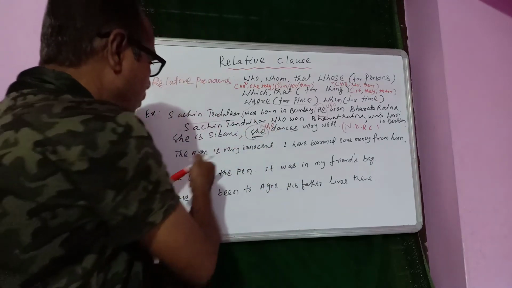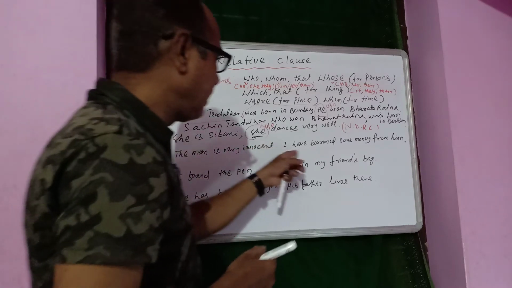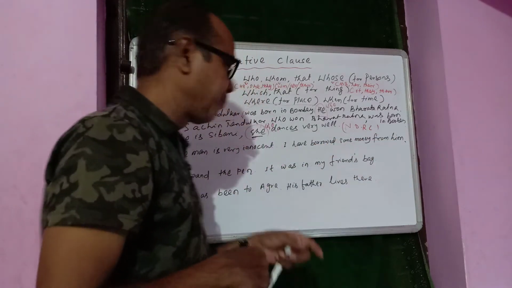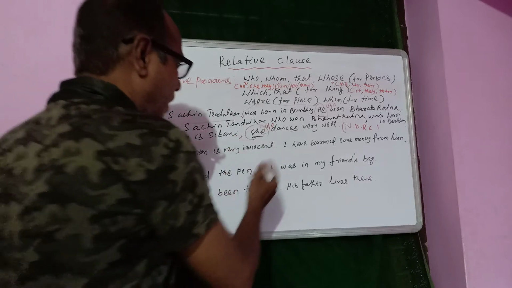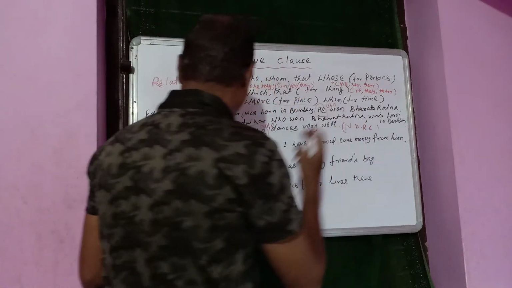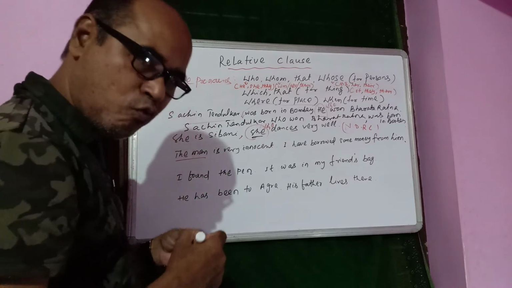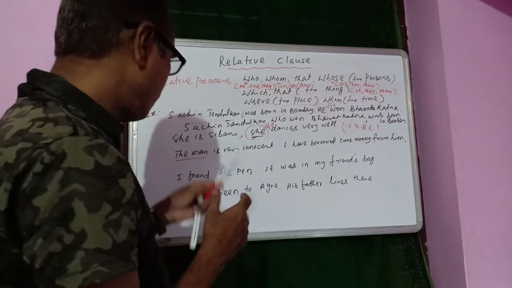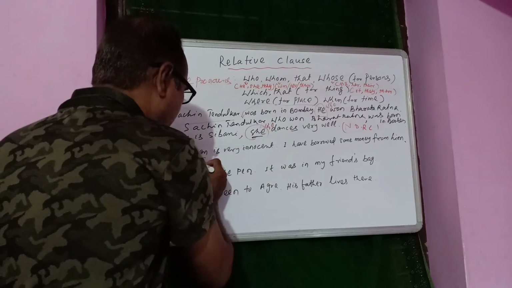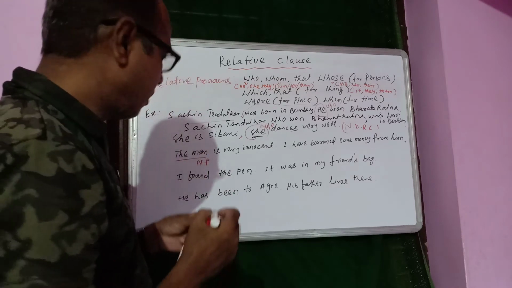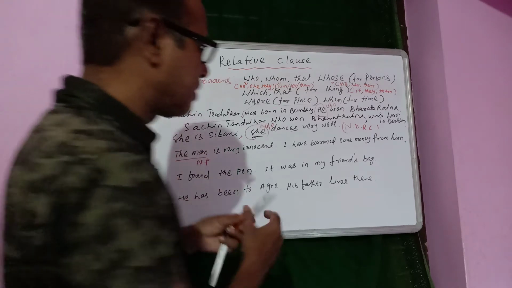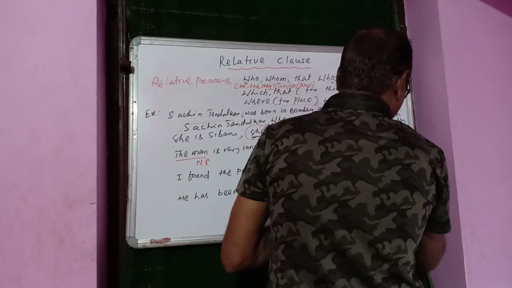Now come to "The man is very innocent. I have borrowed some money from him." The man is a noun phrase. Here, for the noun phrase, him is used as an object.